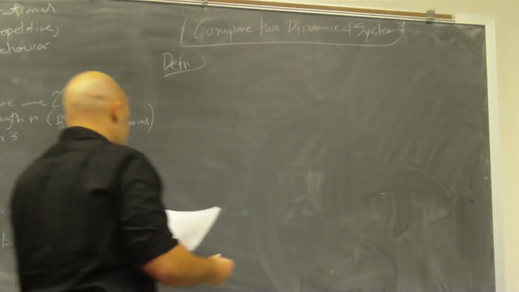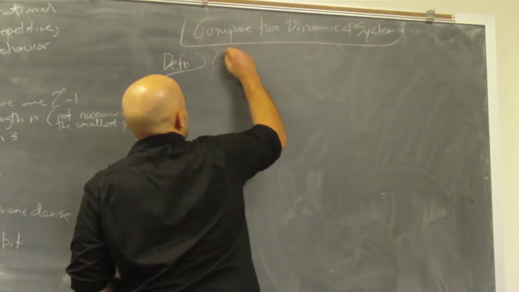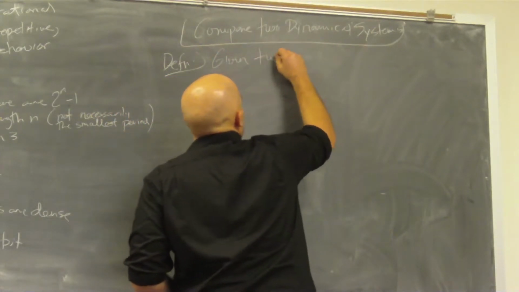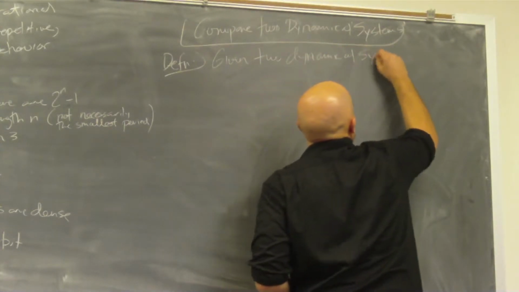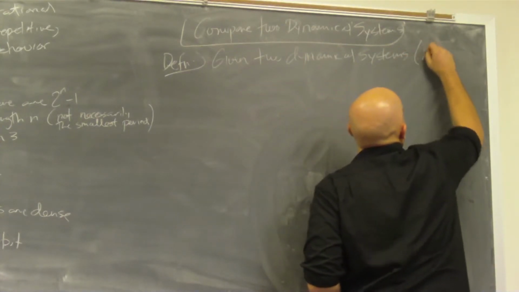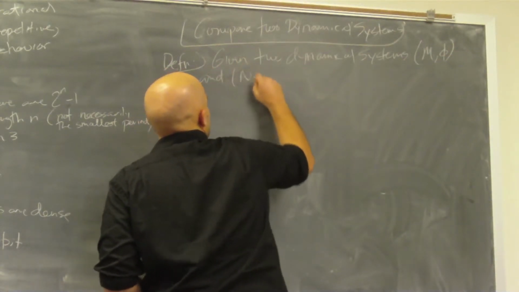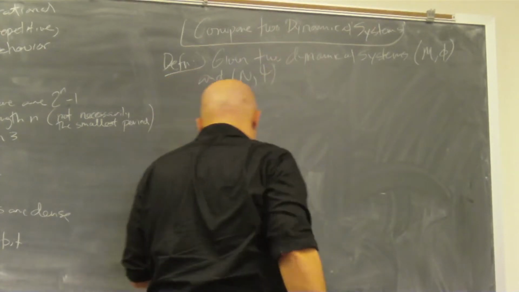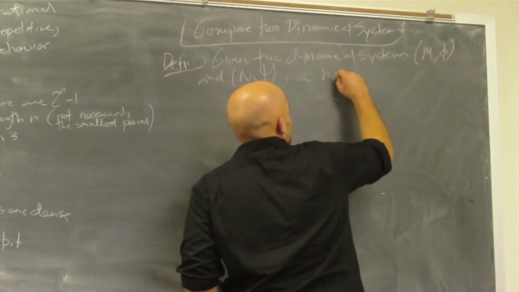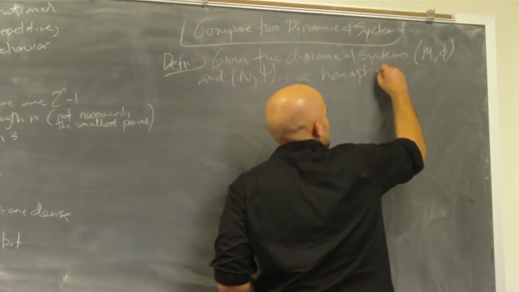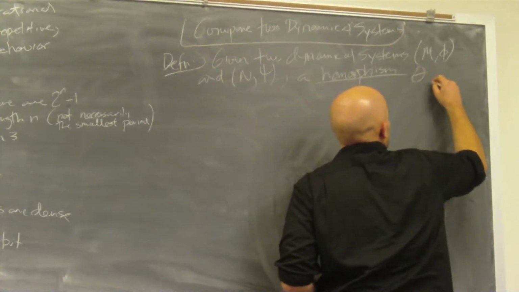Okay? So this gives a motivation for this definition. So if you're given two dynamical systems, call them M and Phi, and we'll do N and Psi. Let's say a homomorphism. It's a bit of an abuse, from a ton of other things that use the word homomorphism. But a homomorphism will denote a theta.